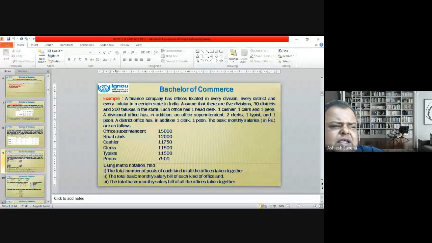That means if we apply some logic to form the total bill, a simple mathematical calculation has to be done: how many staff members there are and what their basic salary per month is. We multiply the number of staff by the respective salary and add them all up, so we get the total basic monthly salary bill of all the offices taken together. Now, how to convert this information into matrices?